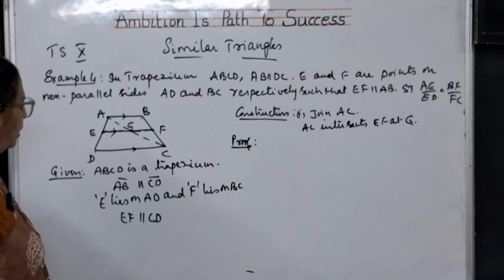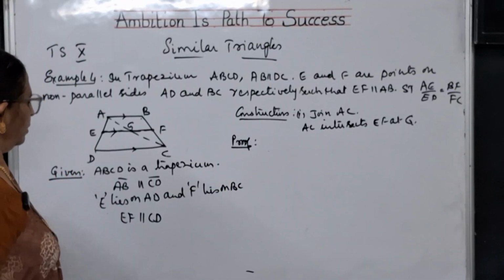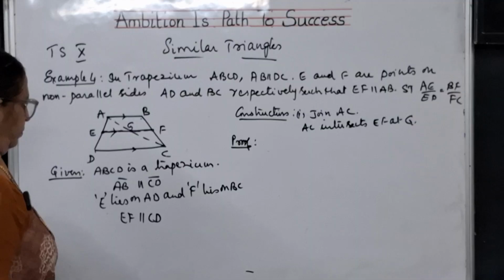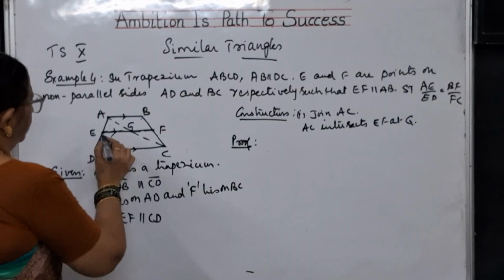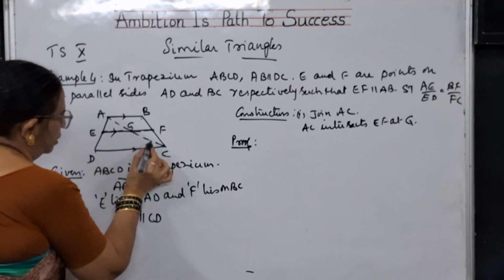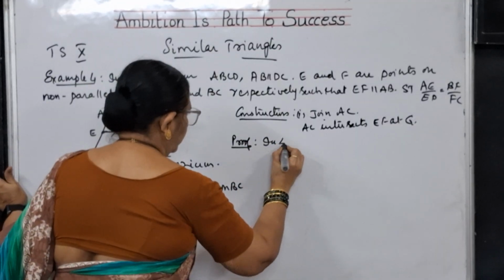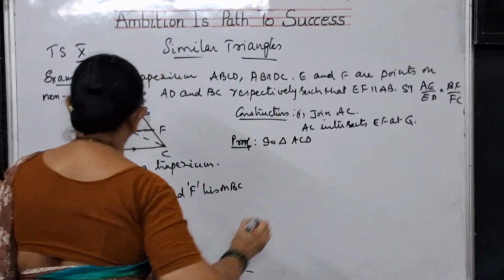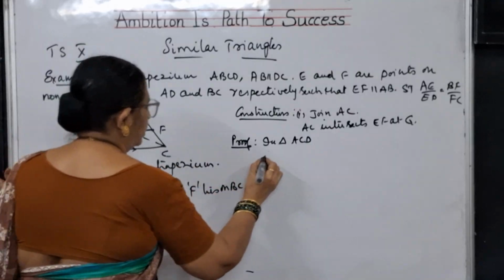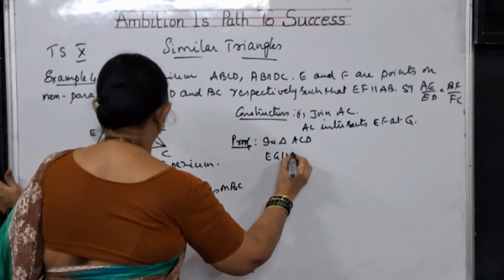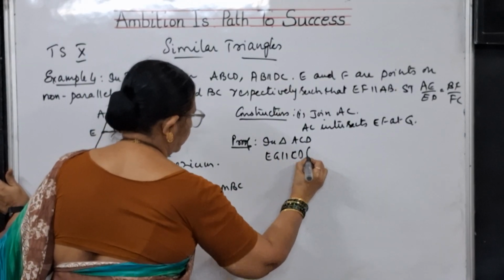In triangle ACD, see children, in triangle ACD, EG is parallel to CD.